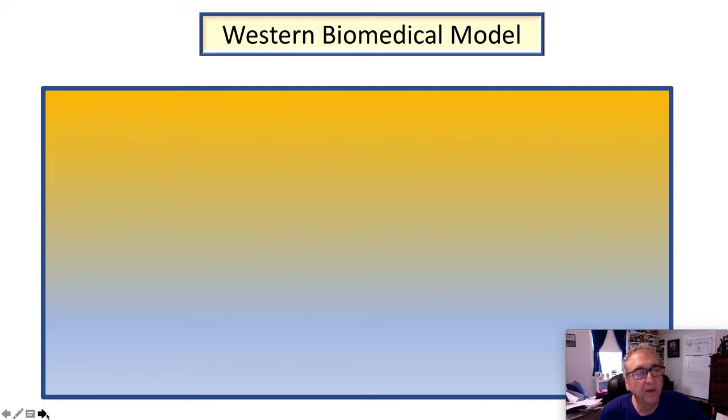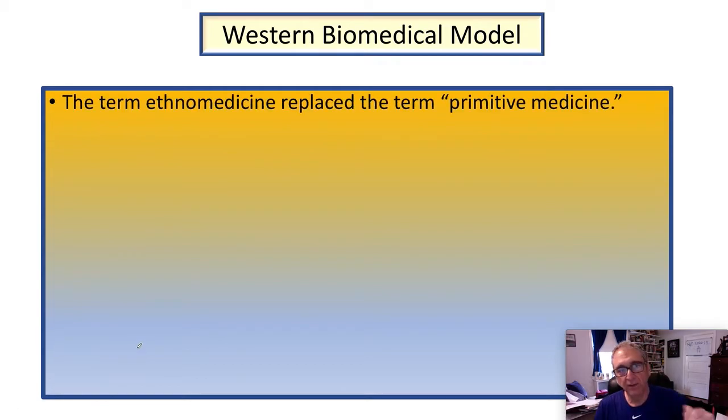The term ethnomedicine replaced the term primitive medicine. It used to be that in anthropology they referred to primitive medicine. So when they were talking about medicine, they meant the Western biomedical model.